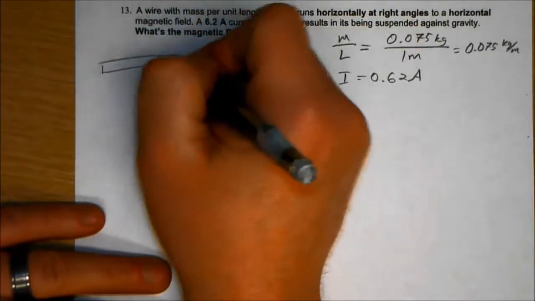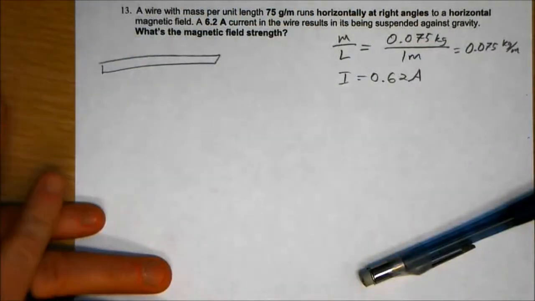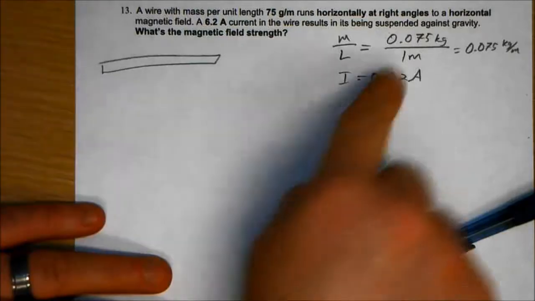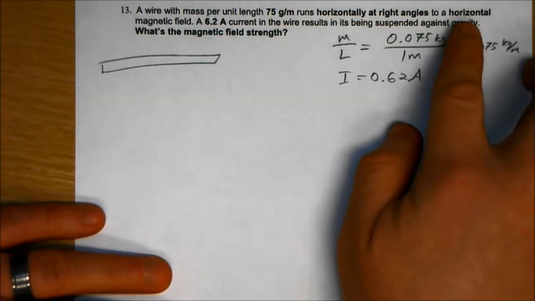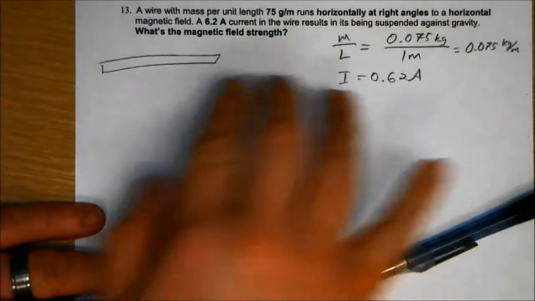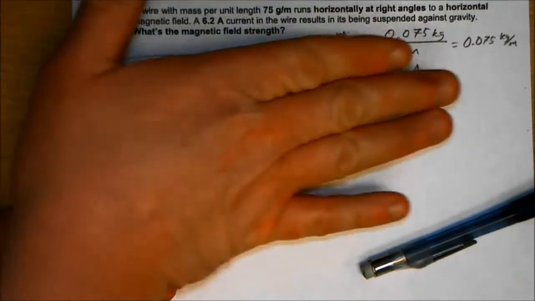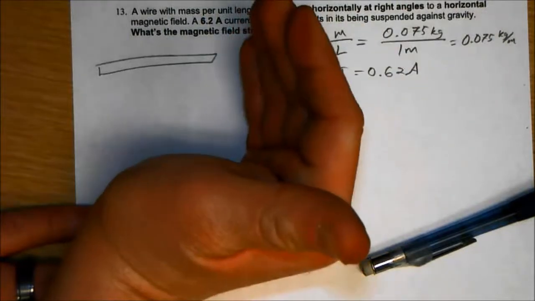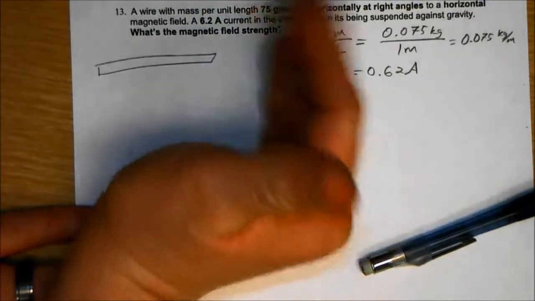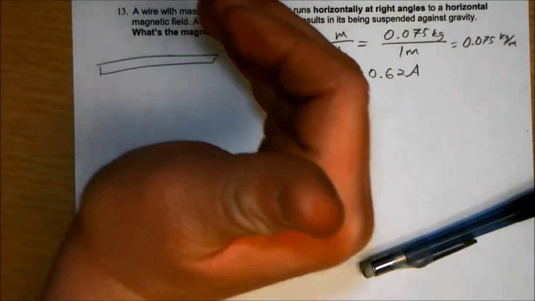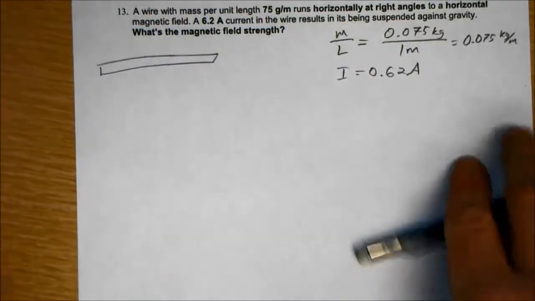Okay, so I've got this wire. It's running horizontally, and it's at a right angle to a horizontal magnetic field. So let's say the wire is running across the table, the magnetic field points upward at a right angle, the force points up, gravity pulls downward. But I'm going to draw it from a different angle.